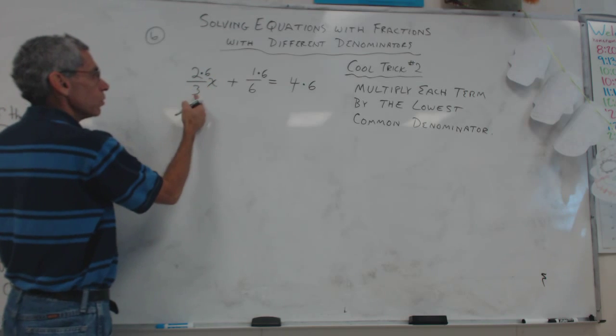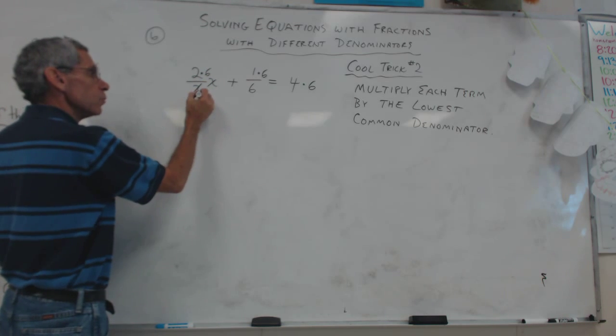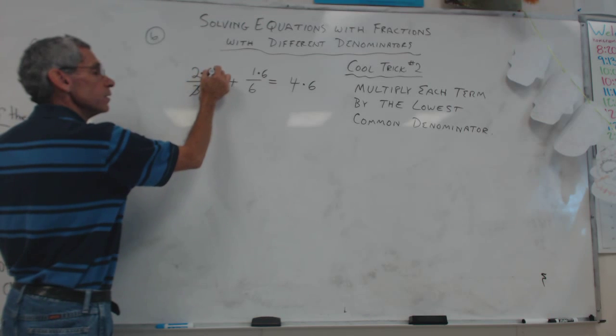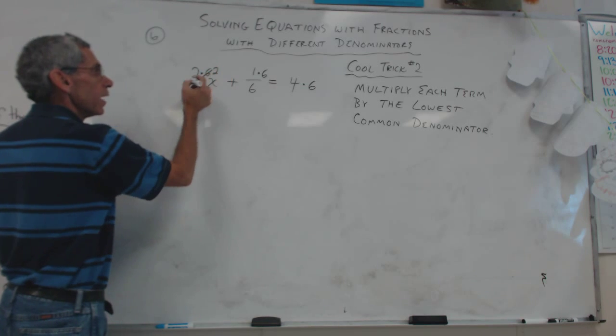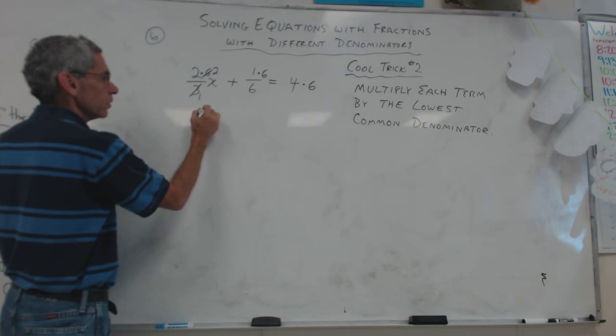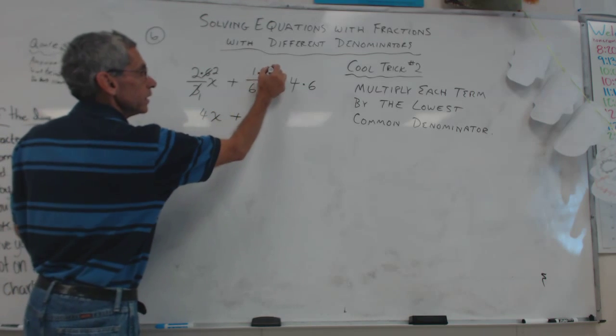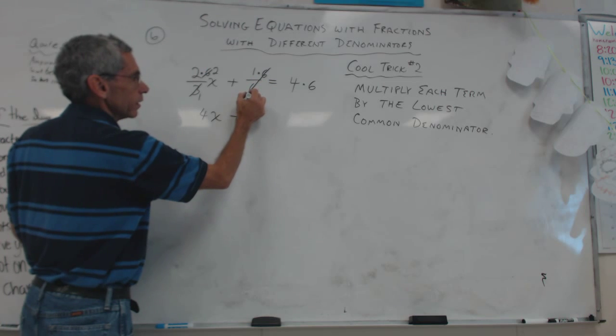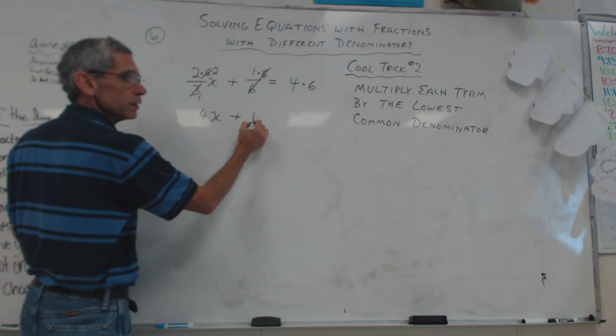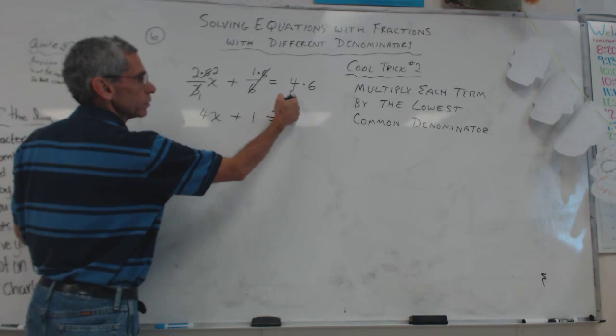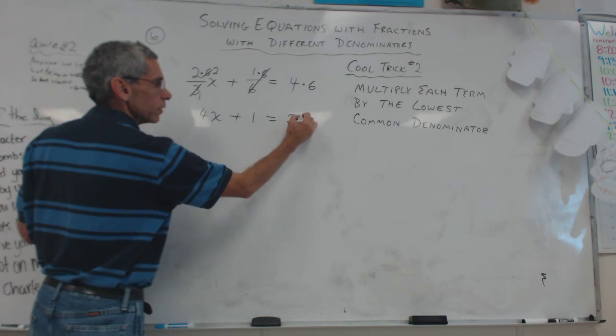So 3 divided by 3 is 1. 6 divided by 3 is 2. 2 times 2, x. So I have 4x plus, these 6's just cross right out. So plus 1 equals 24.